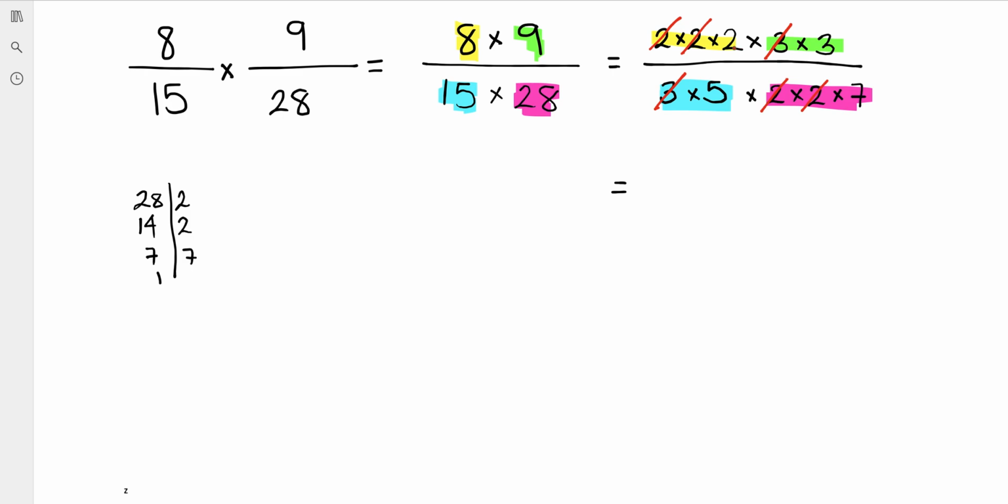And that's it, because I have left this 2, and this 3. And on the bottom I have a 5 and a 7. So there's nothing else that I can continue to cancel. Therefore I have on the top 2 times 3 over 5 times 7. And this is equal to 6 over 35.